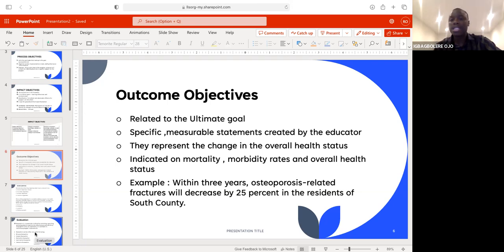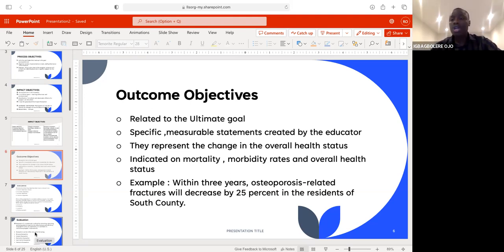That is how you identify an outcome objective. An outcome objective is always about, have we reduced the numbers, the disease rate? Have we reduced the death rate? And have we improved the overall health status?